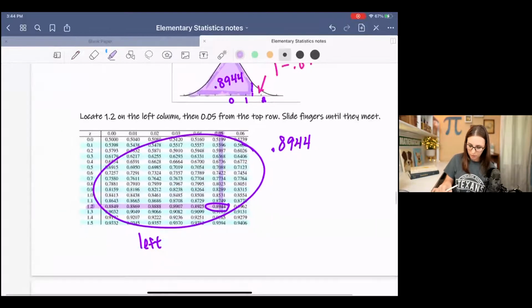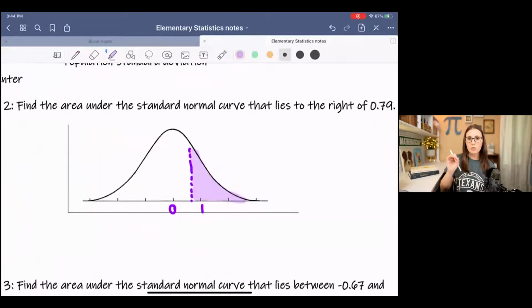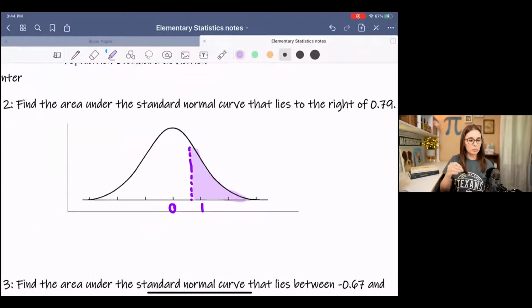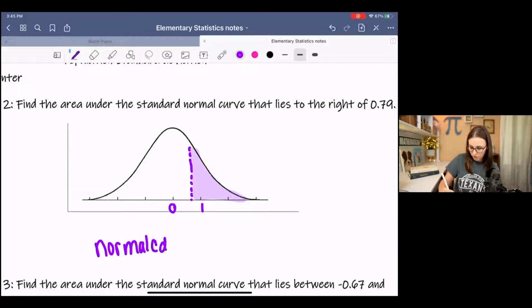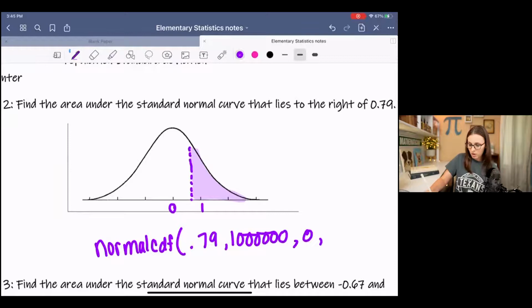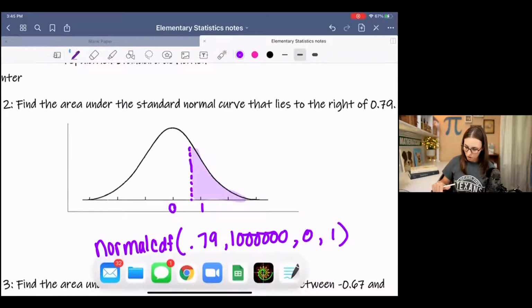Let's do the calculator. So if I were to put the bounds for this, I'm going to use normal CDF. My left bound is 0.79. My right bound goes to infinity, with a mean of 0 and a standard deviation of 1. And then we're just going to type that in. So I'm going to bring up my calculator.